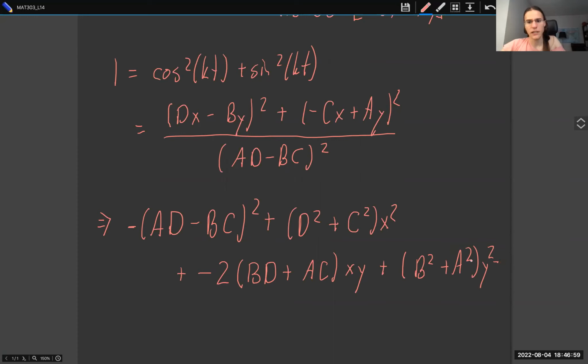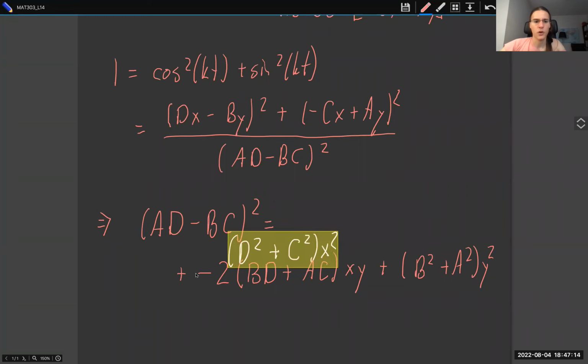Or alternatively, let's remove this negative sign. So that's a constant, and then this is sort of a quadratic thing. Except I can probably move this term over.